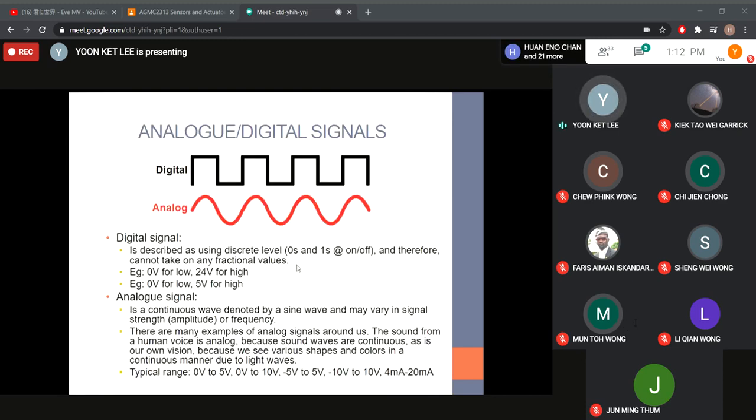So if we look at the signal, digital will look like this form. Analog could be a sine waveform like this.